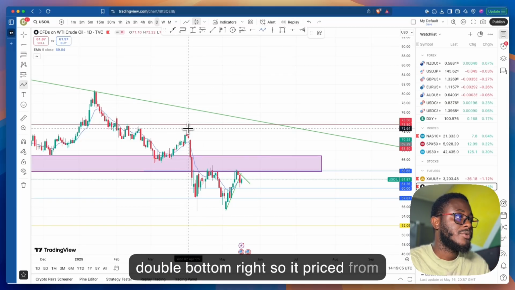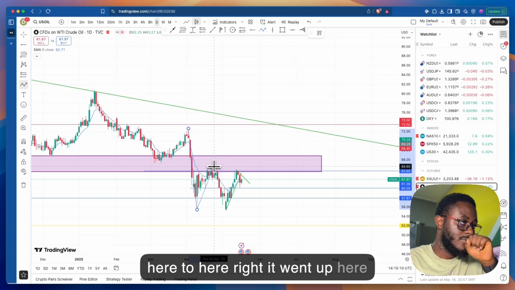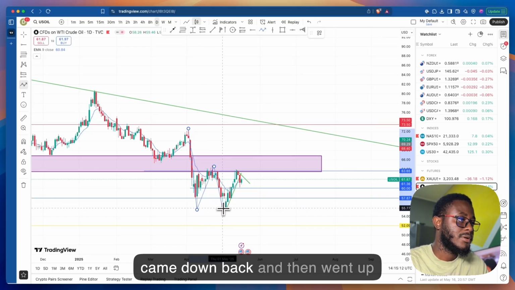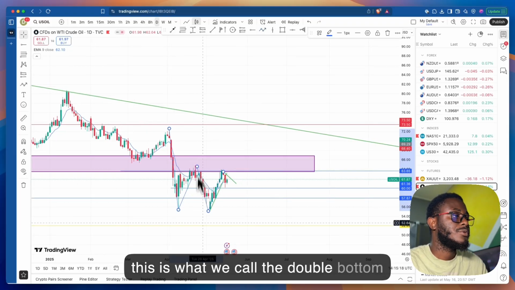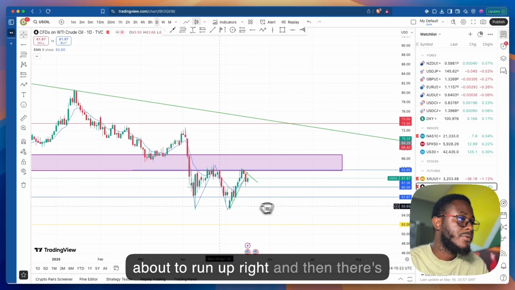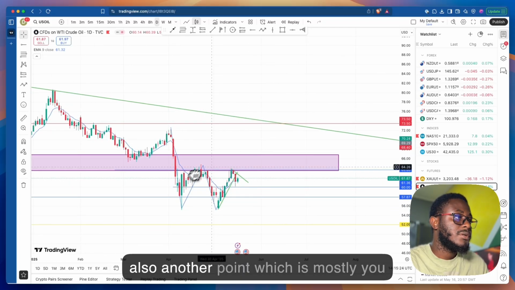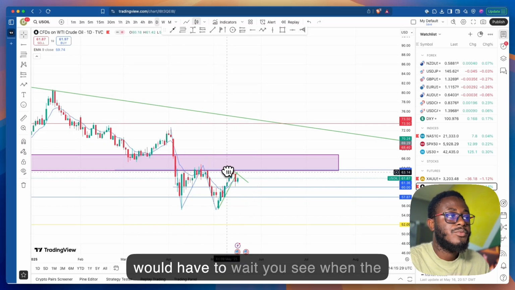Price dropped from here to here, went up, came down back, and then went up again all the way to this place. This is what we call the double bottom, and this is a sign that the market's about to rally up.